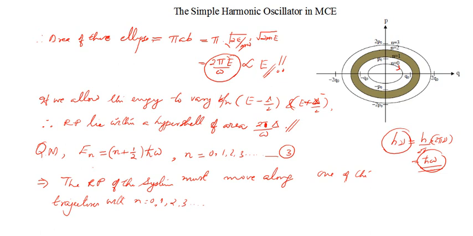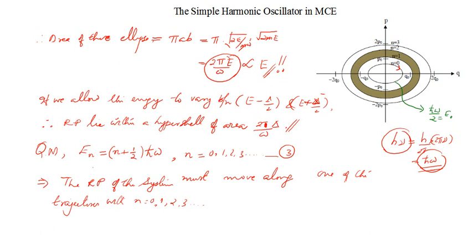The energy corresponding to this track is h cross omega by 2, for n equal to 0. Equation number 3 gives the zero point energy E0 equal to h cross omega by 2.